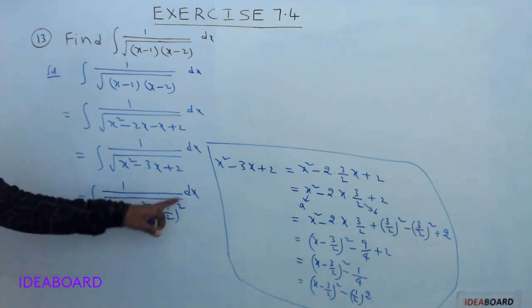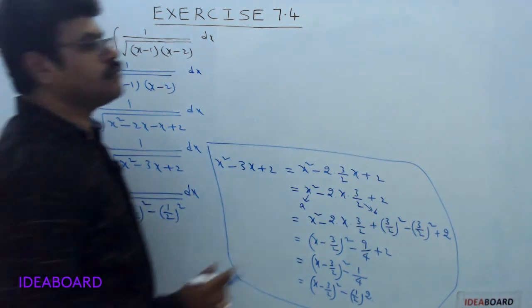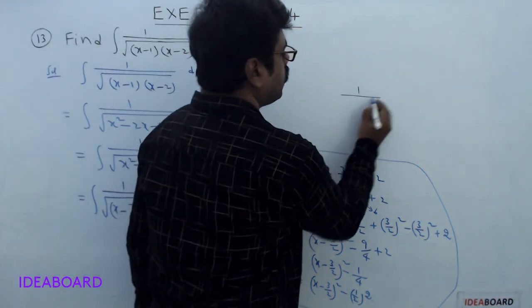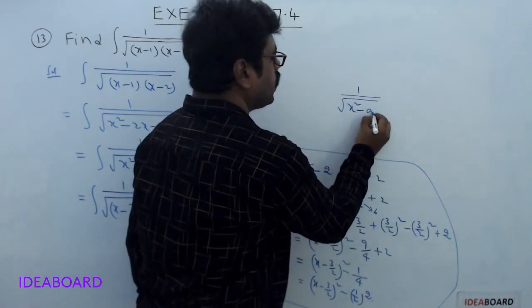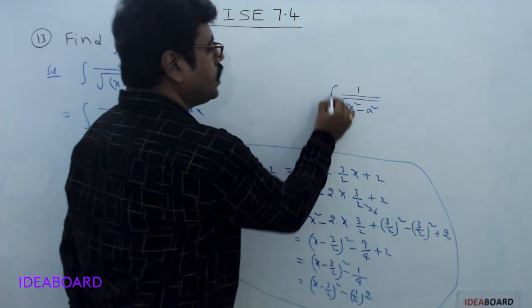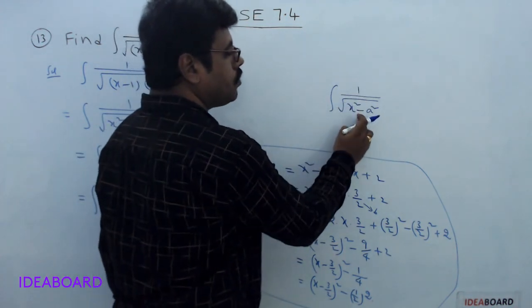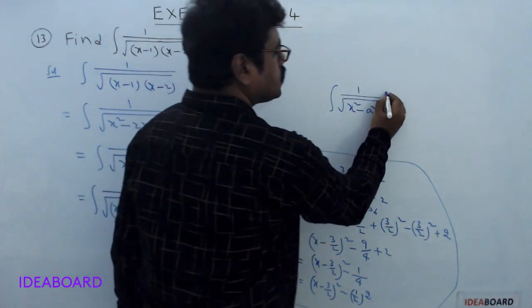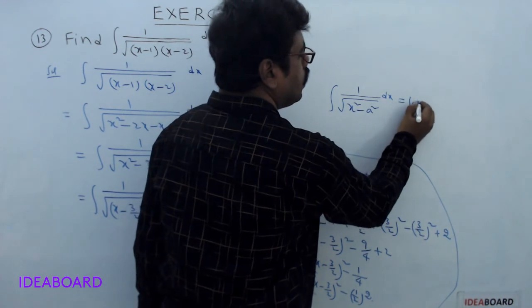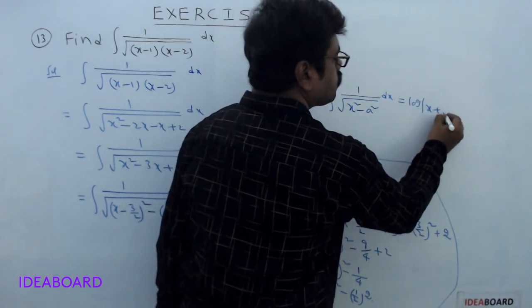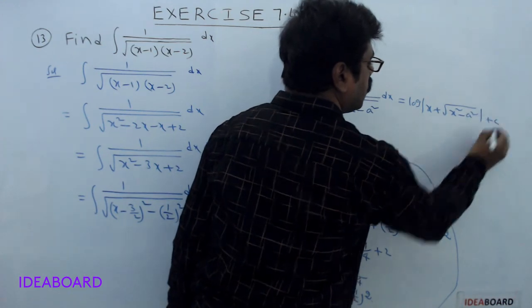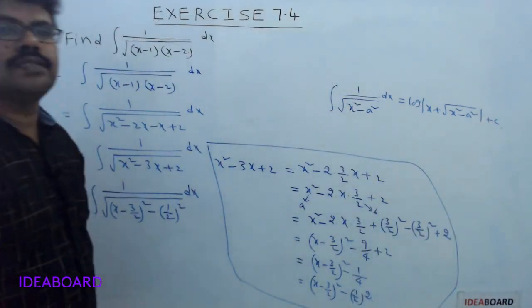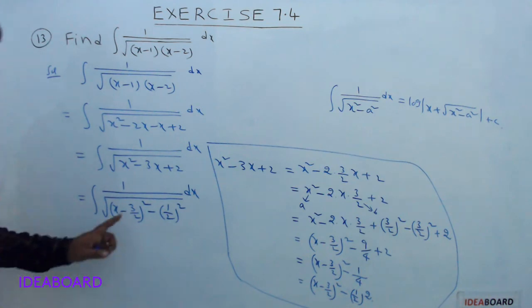Now clearly this integrand is of the form 1 divided by square root of x square minus a square. Integral 1 divided by root of x square minus a square dx is log mod x plus square root of x square minus a square plus some constant c. Use this formula on this term.